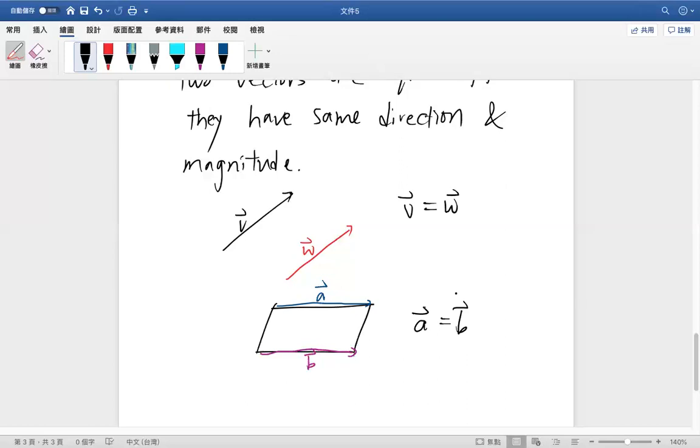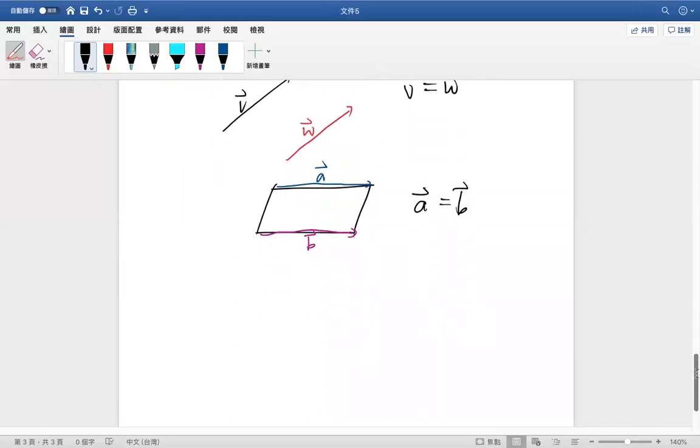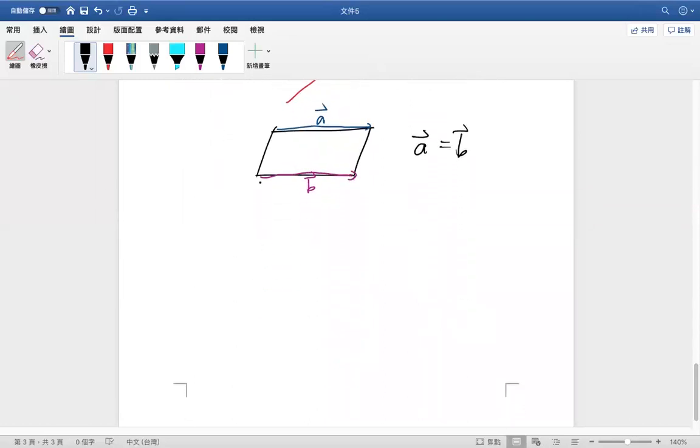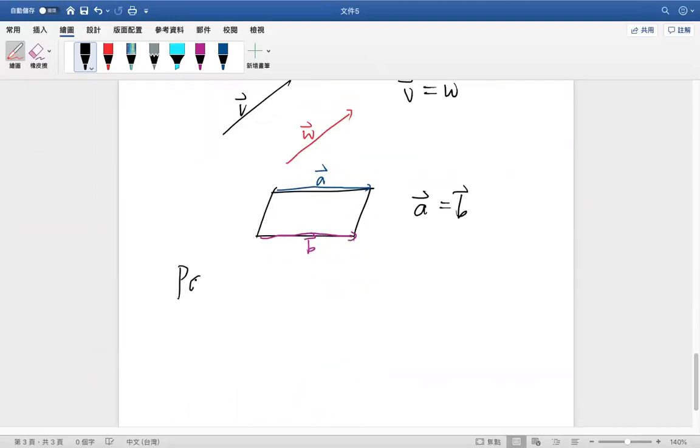All right, and then another concept is about parallelism.